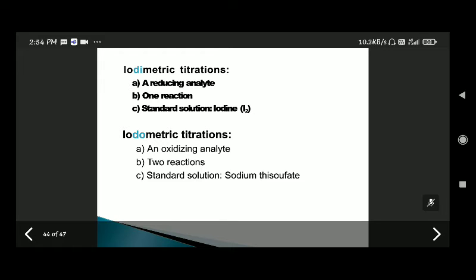So the equivalent weight of KMnO4 is molecular mass divided by the number of electrons in the reaction. In acid medium, KMnO4 involves 5 electrons. So in acid medium, the equivalent weight is molecular mass divided by 5.